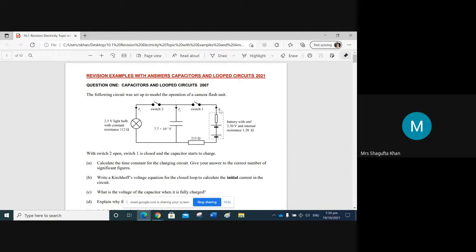If you've calculated I1 and you know the resistance, it will be 2.5 minus I times R. So that will be the terminal voltage.